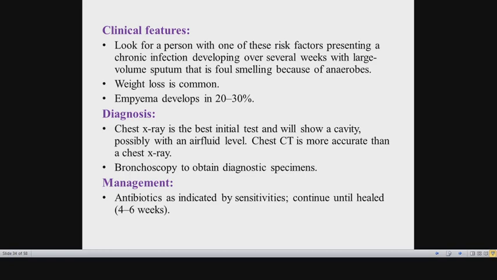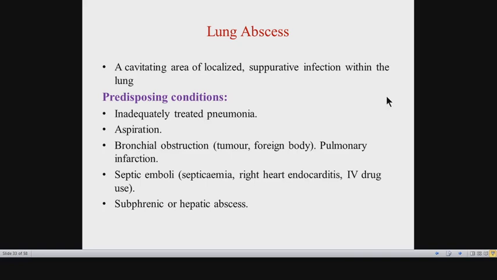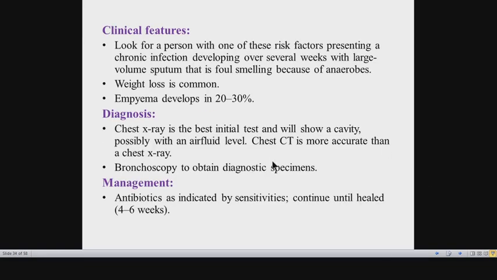and our initial empirical antibiotic therapy should be directed against the most likely organisms. And as we said, lung abscess most commonly is associated with anaerobic bacteria. So our empirical therapy should include antibiotics which will cover anaerobic bacteria like clindamycin and metronidazole. And we should also give another antibiotic which will cover aerobic bacteria like gram-negative bacilli and Staphylococcus aureus.